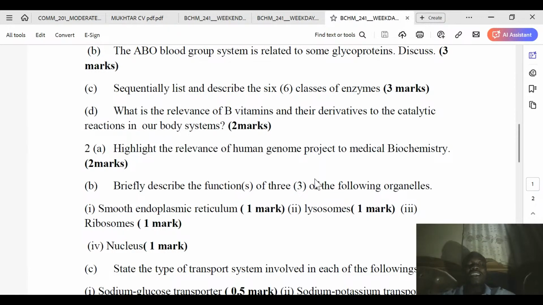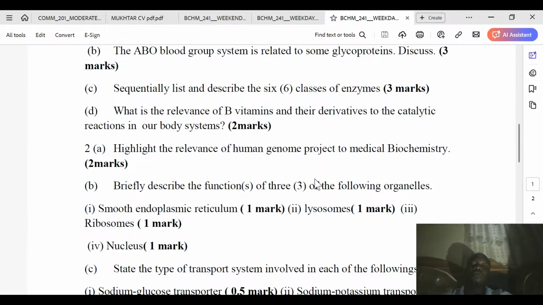The Human Genome Project is a project that started in 1990 and ended in 2003. So it took scientists 13 years to sequence the complete human genome. The human genome has about 3 billion base pairs, and this project is one of the largest projects conducted by scientists.